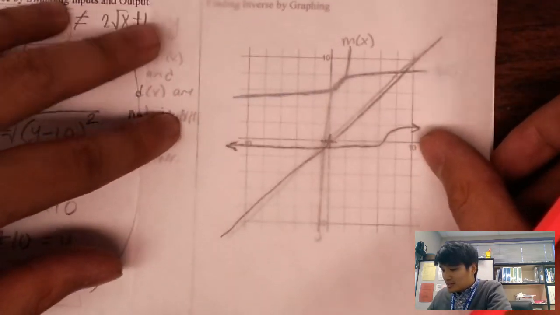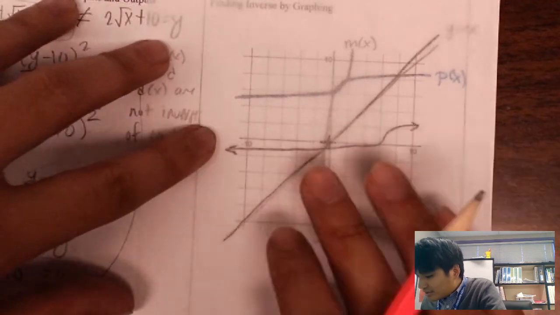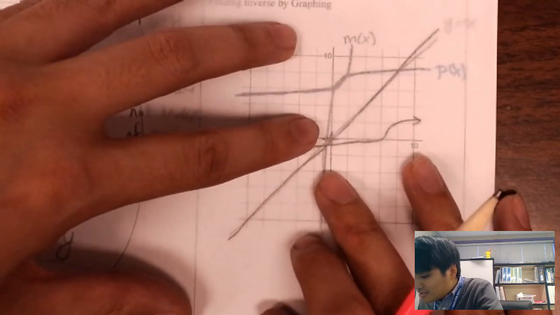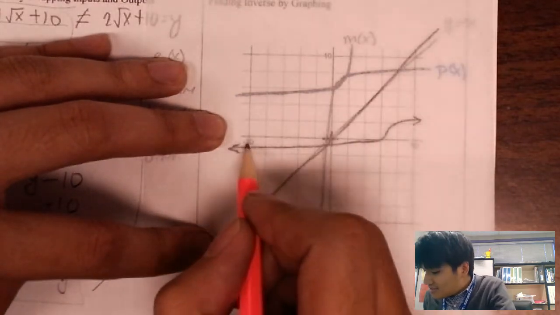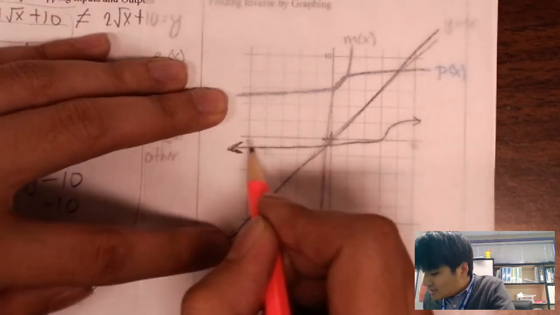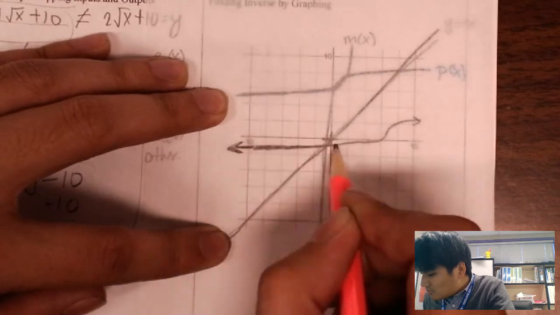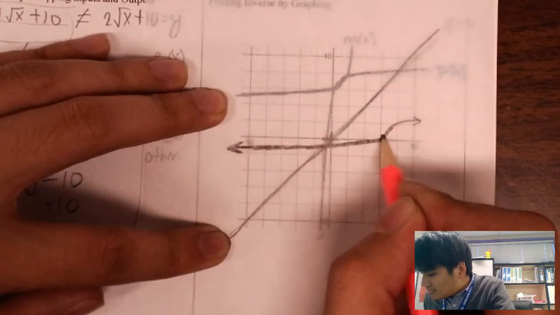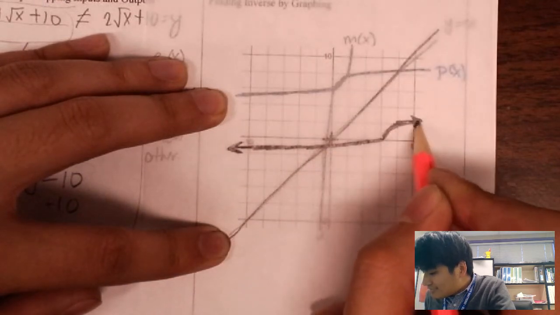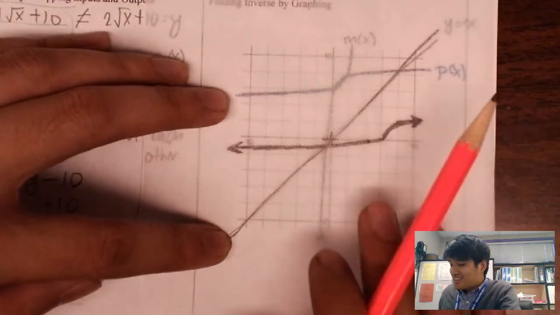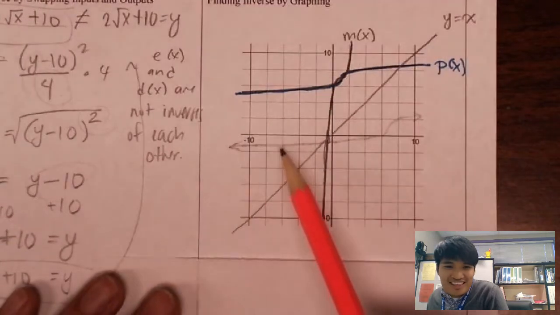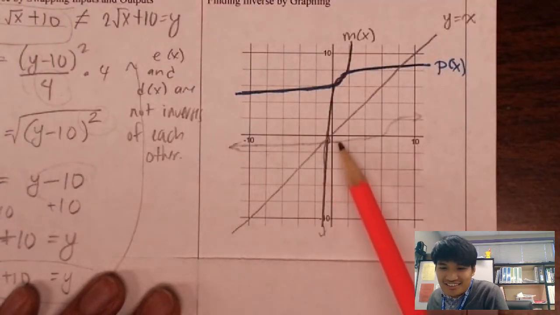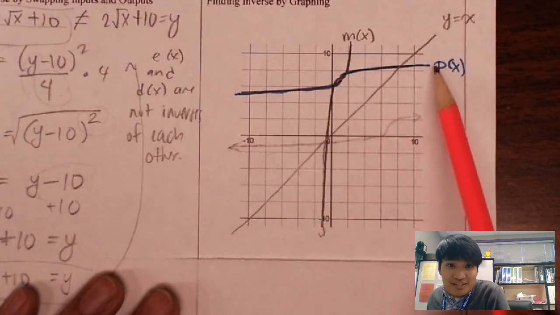And take a look. Now I have my plus aligned to the origin, and this is going to be my inverse. Would you look at that? So now let's compare it. Unfortunately, this line here does not match P of x.